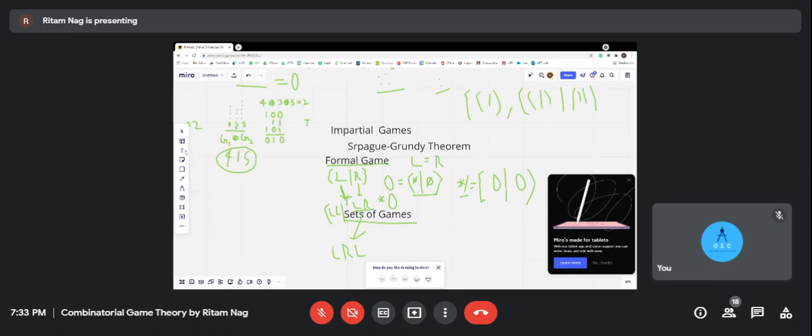Okay, this is actually pretty hard to do. Wait, let me make a text box. So this is actually equivalent to... so this is the game that this particular position is equivalent to.